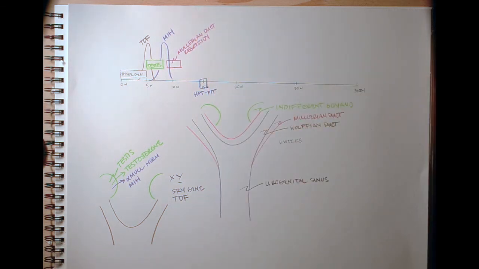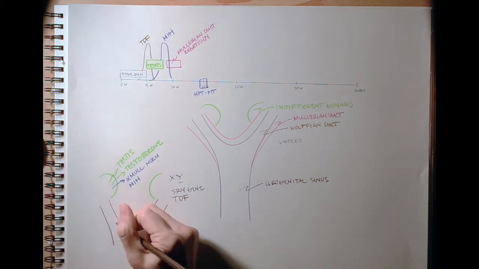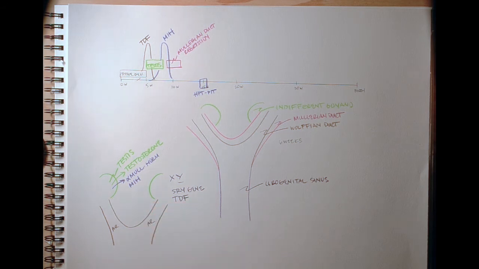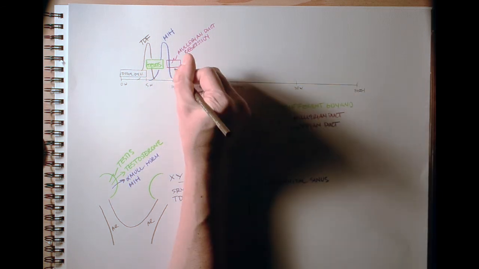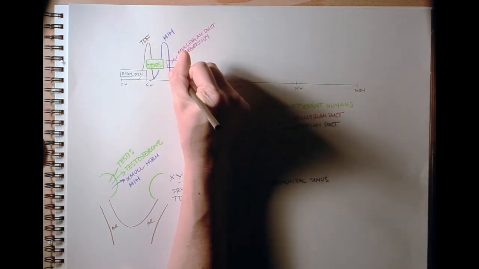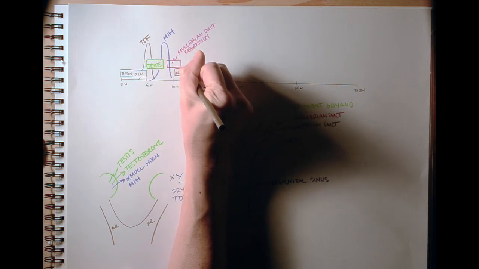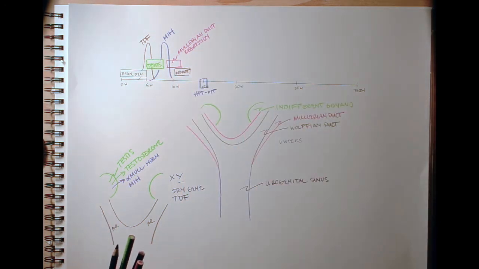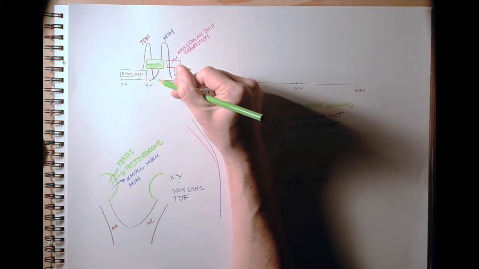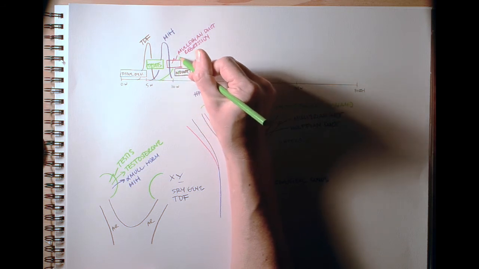And in the presence of testosterone in particular, which will bind to the androgen receptor present here in the Wolffian duct, we see maturation of the Wolffian duct. Here, maturation of the Wolffian duct, and again, this is in response to an increase in testosterone production from those fetal testes.